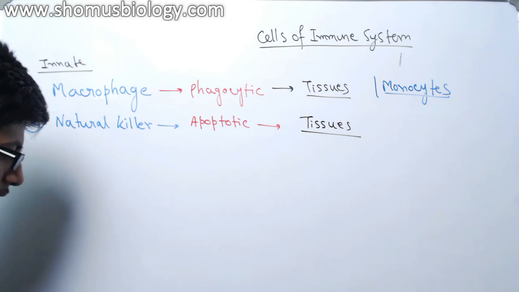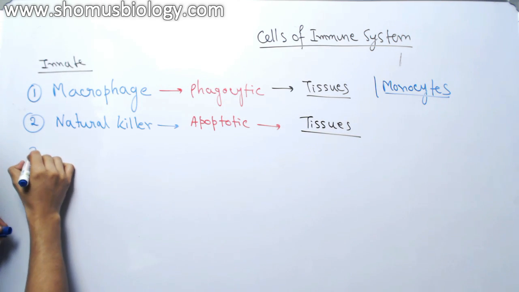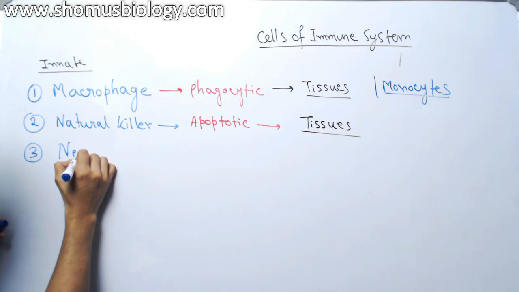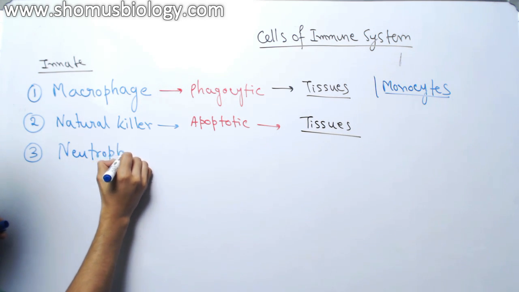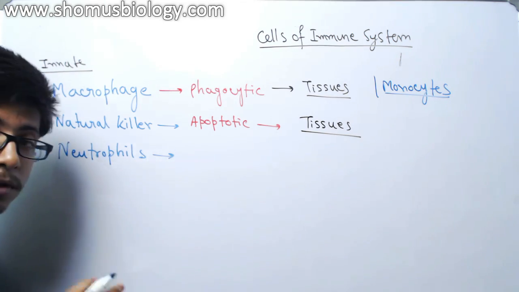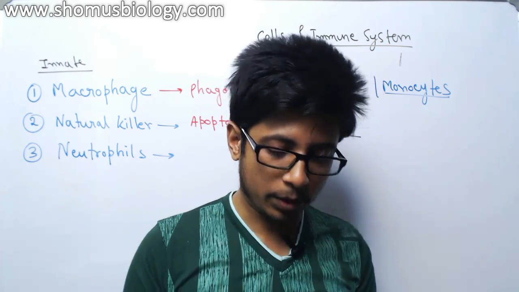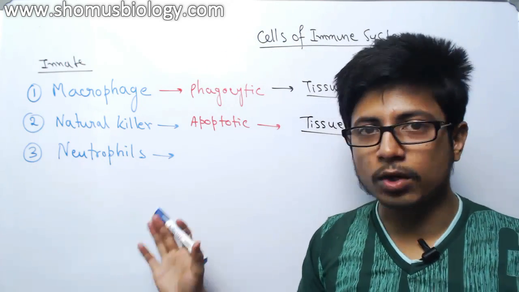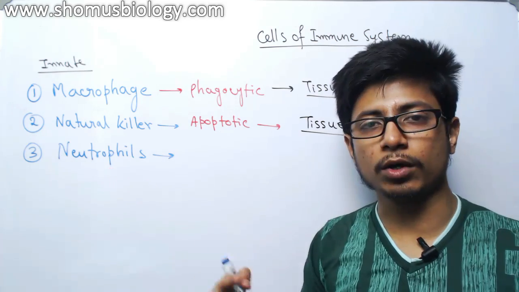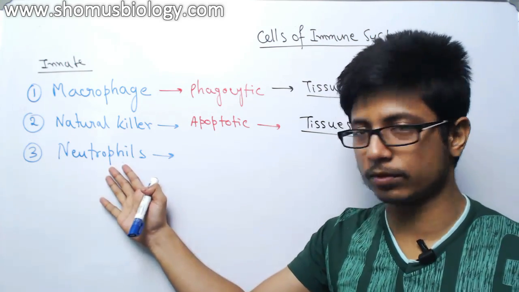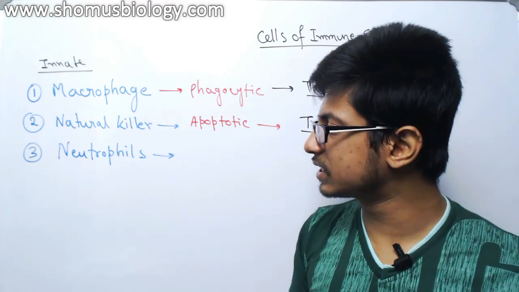Okay, the third type of cell that we already talked about and we saw, the neutrophils. Neutrophils are one of the most important white blood cells that we know of, because in the whole white blood cell component, almost 40 to 50%, over 50% of the cells are neutrophils.